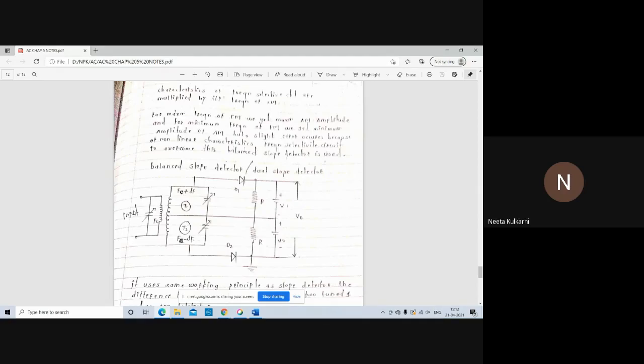When the input FM signal frequency is equal to the carrier, at that time this circuit is tuned, so these two will not come into the picture and the output voltage will be 0. जेव्हा इनपुट सिग्नलची फ्रिक्वेन्सी कॅरियर पेक्षा जास्त असते तेव्हा कुठलं सर्किट ट्यून होईल त्या केस मध्ये?